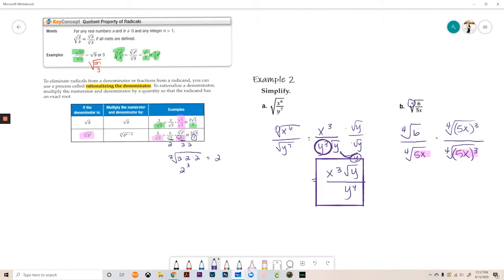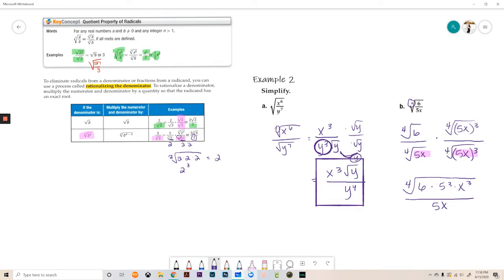So then the top is going to look like this, and I should probably distribute that. So 6 times 5 to the third times x to the third over, now this is going to cancel, leaving me just with 5x on the bottom.